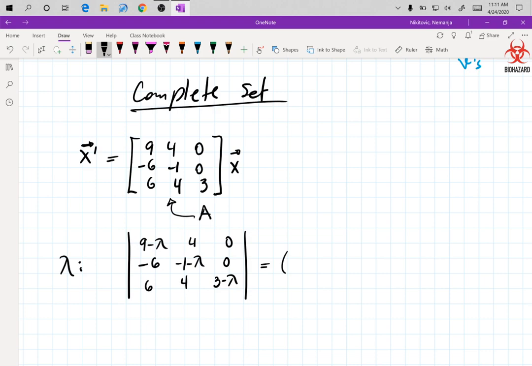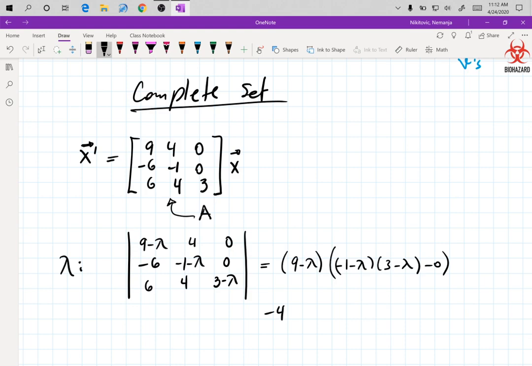Now we have 9 minus lambda times negative 1 minus lambda times 3 minus lambda, minus 0. Good.